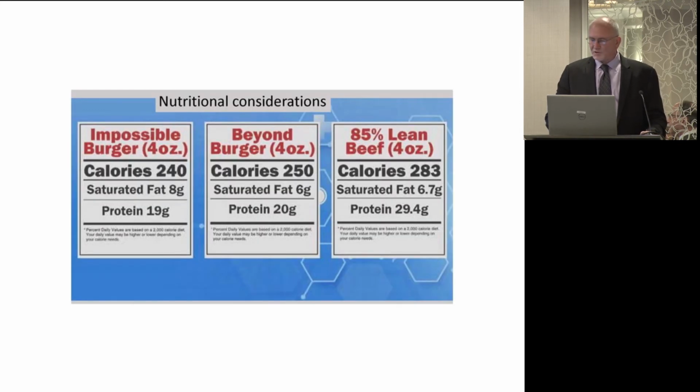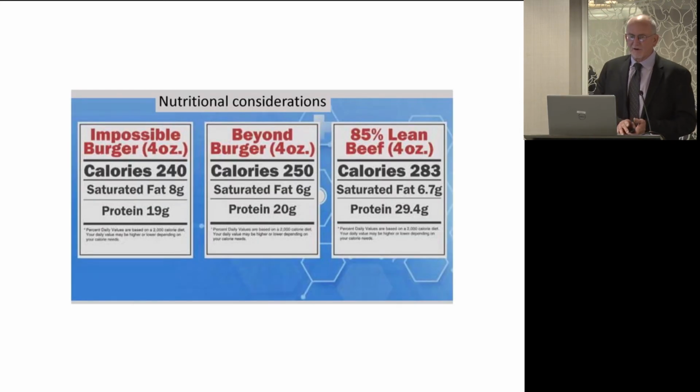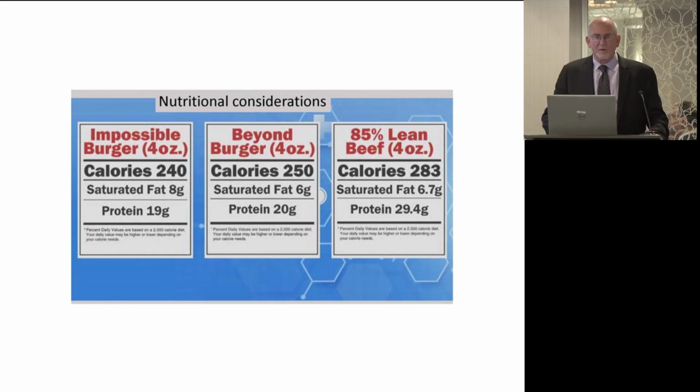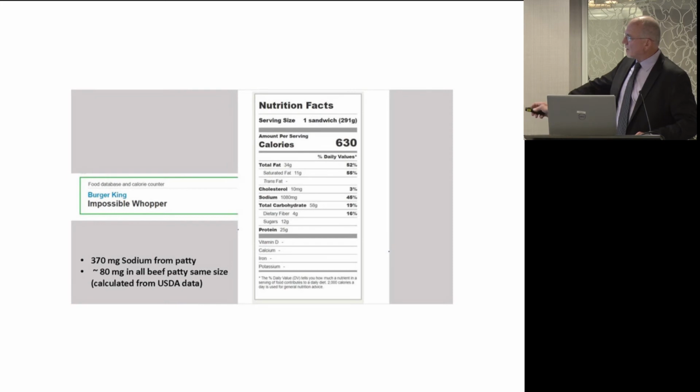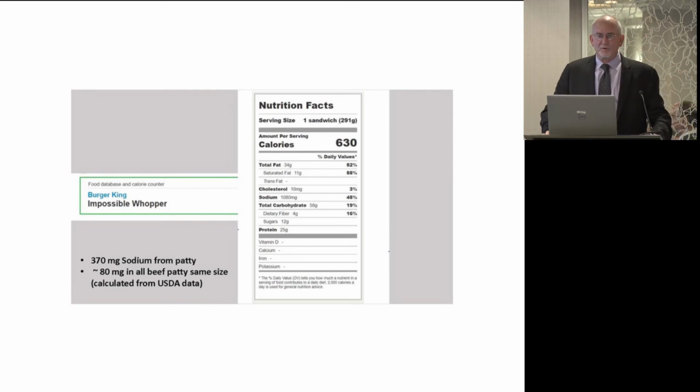What about nutrition? Well, we see slides like this all the time comparing it, and they basically show they're very similar. But let's look a little closer at nutritional considerations. Number one, sodium. If you compare the sodium in the Impossible Whopper to the regular Whopper, it's not much difference. That's because there's a lot of sodium in the sauces and bun.